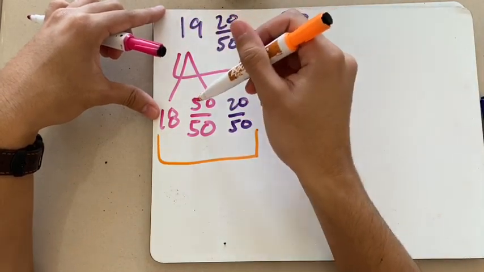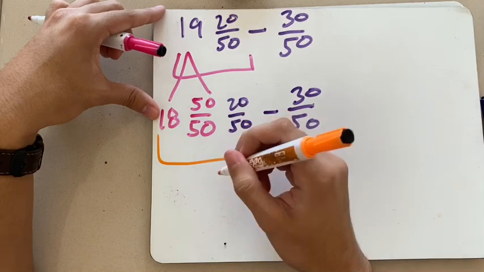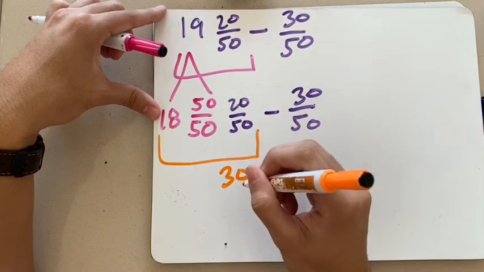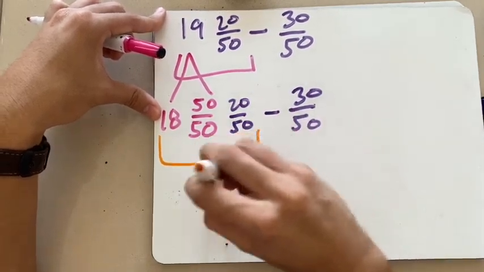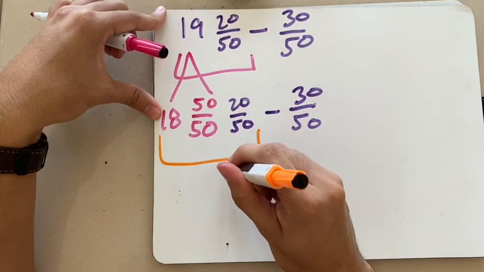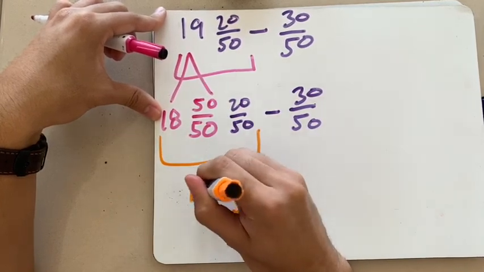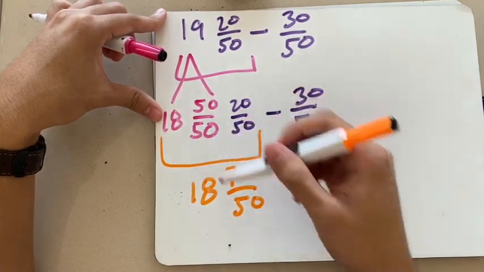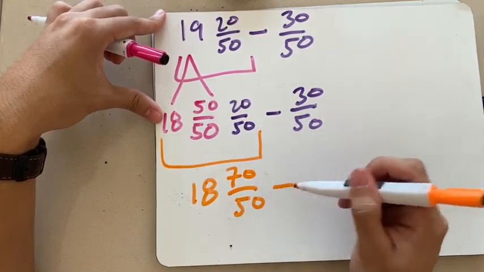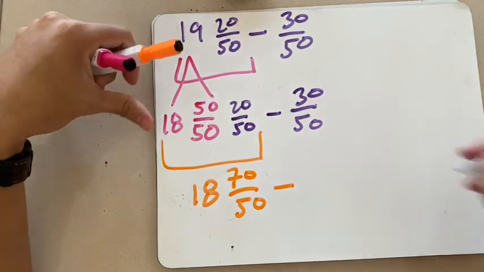So let's go ahead and combine the 50 over 50 and 20 over 50. That'll give me 70 over 50, I'm sorry. And then I have 18 and then 70 over 50 minus the 30 over 50.